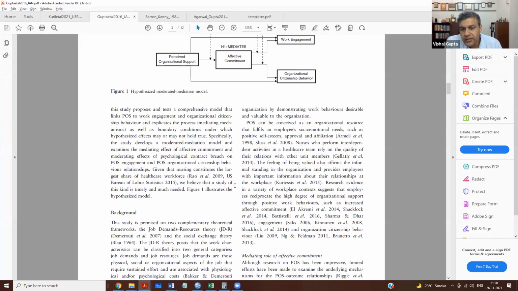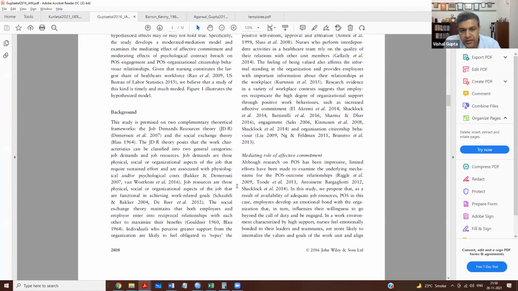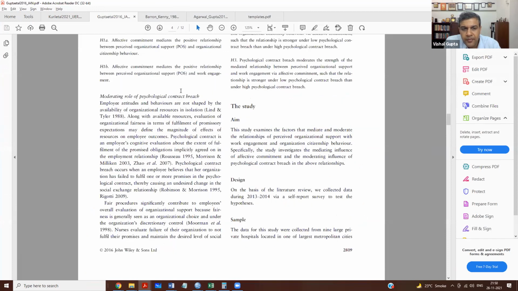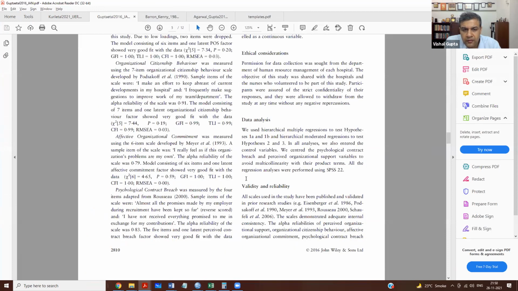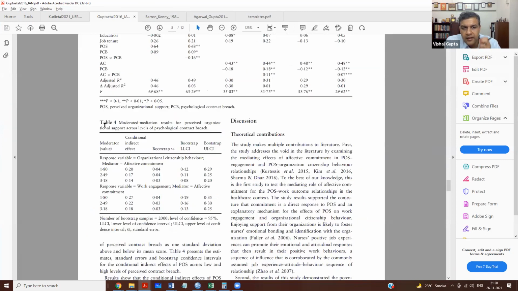So when I write this paper, in the paper, you see we report this in terms of our table. So we report all of this, and then this is what we have written. Table number 4, moderated mediation result for perceived organization support across levels of psychological contract breach.